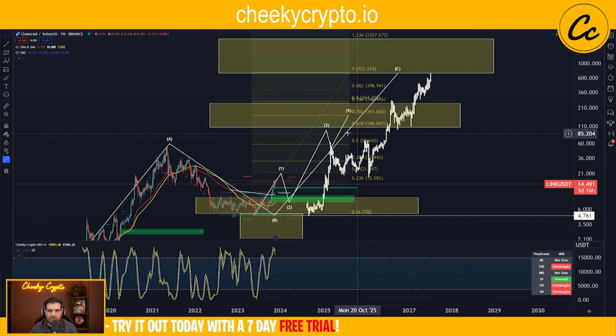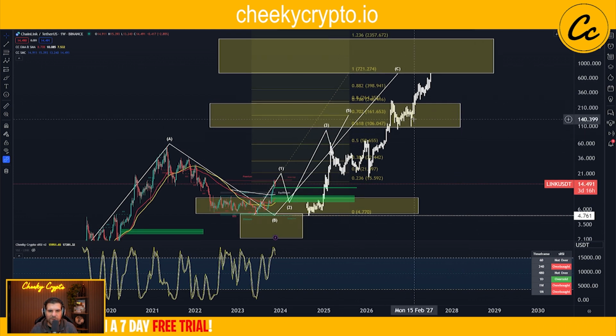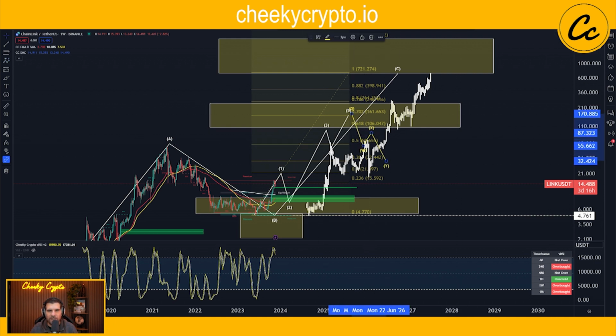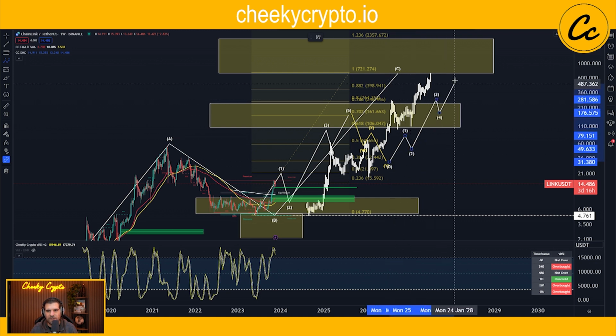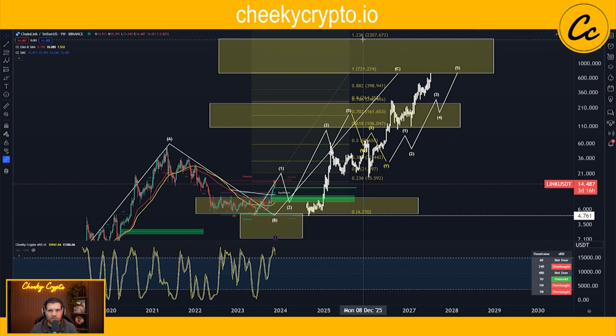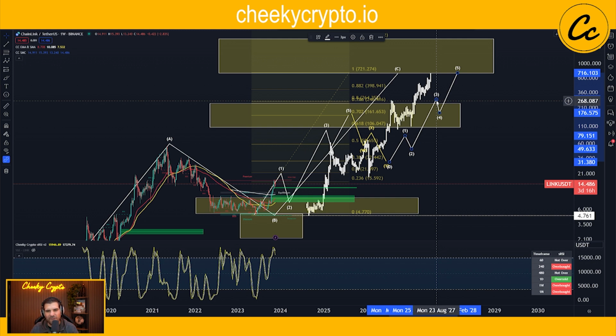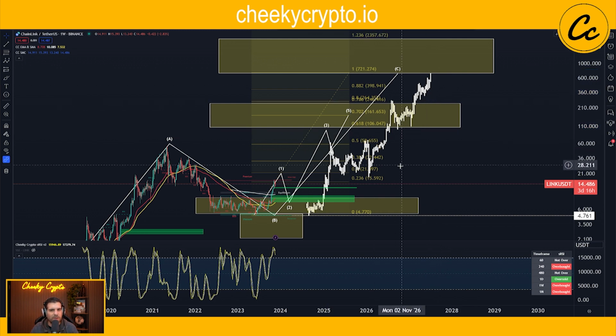Then we'll have to see whether this is where we finish the bull market, or alternatively, we have a simple 3-wave correction followed by an additional 5-wave move that takes you out towards that $700 target, upwards towards $2,300. Obviously, those numbers are very unlikely at this point. We don't know how we'd get there.